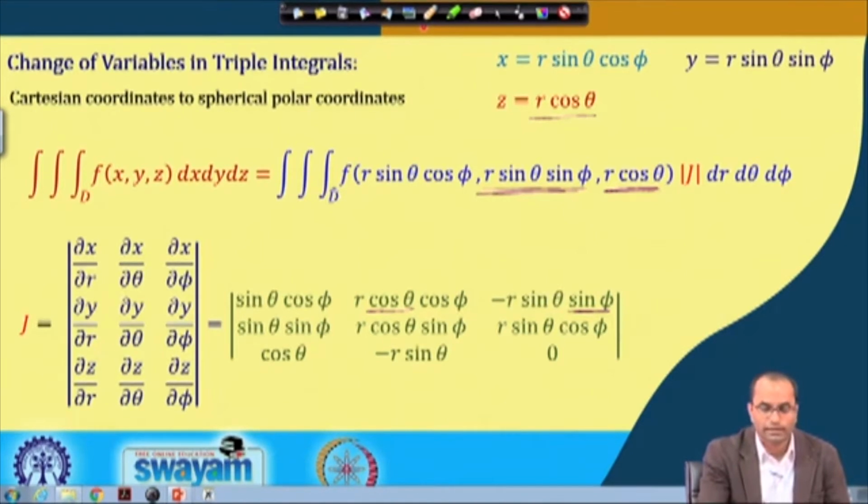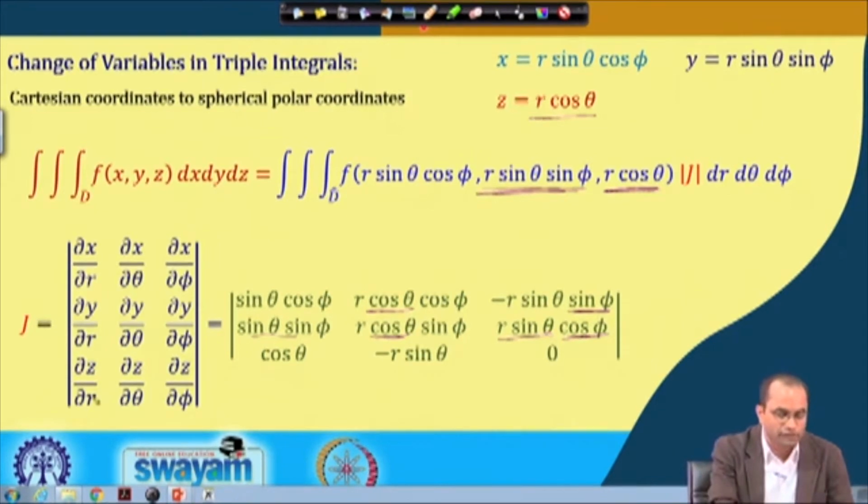So, del y over del r will be simply sin theta sin phi, which is the term here, and then we have del y over del theta. So, this will be with cos theta, the rest, sin phi and r, will remain, and then with respect to phi, this sin phi will become cos phi, and r sin theta will remain as it is.